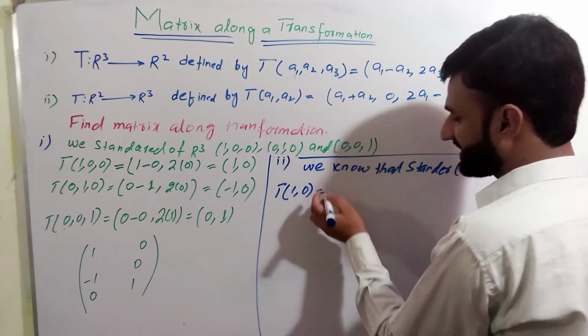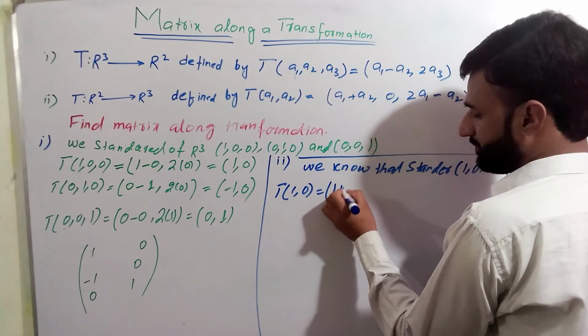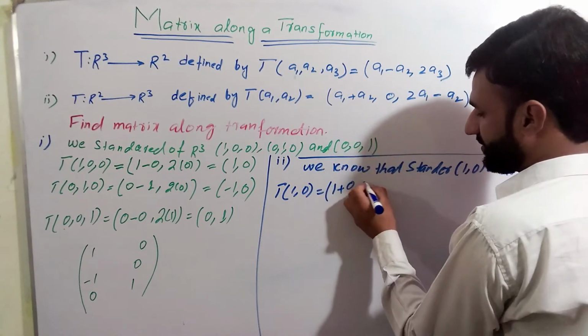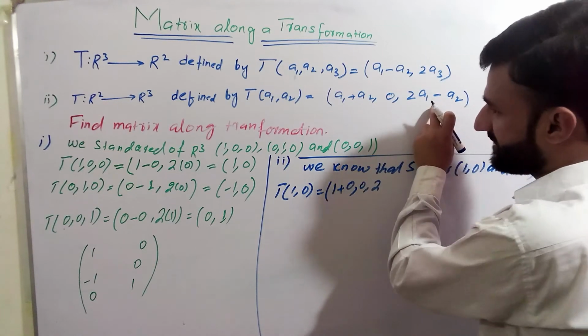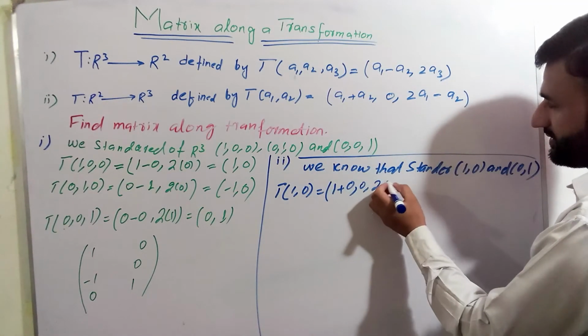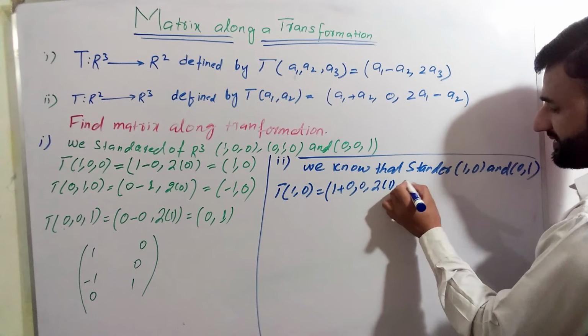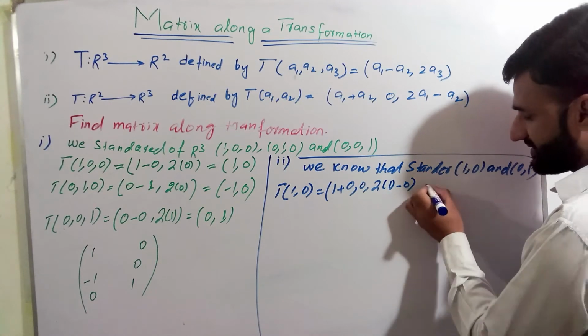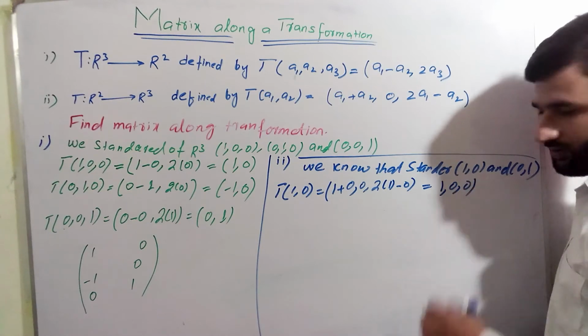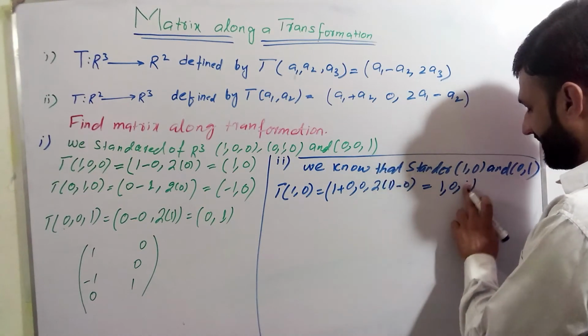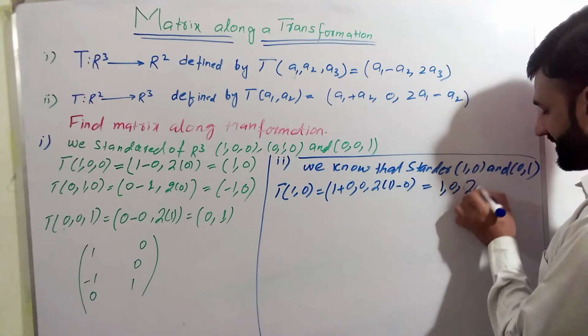So on the left side of the expression, that is 1 plus 0, here is 0 and 2, that is the term. If you notice, here the term is 1 minus 0. So we have obtained the term related to 1 0 0, and here we obtain the value 2.